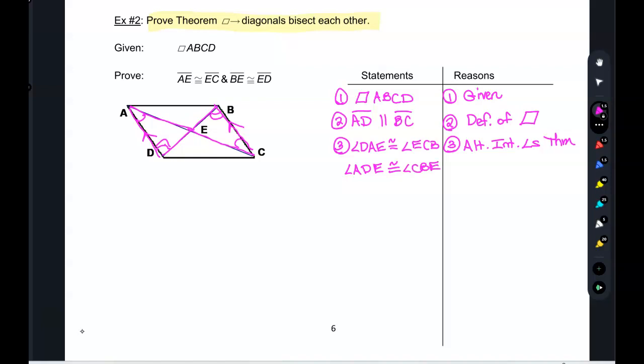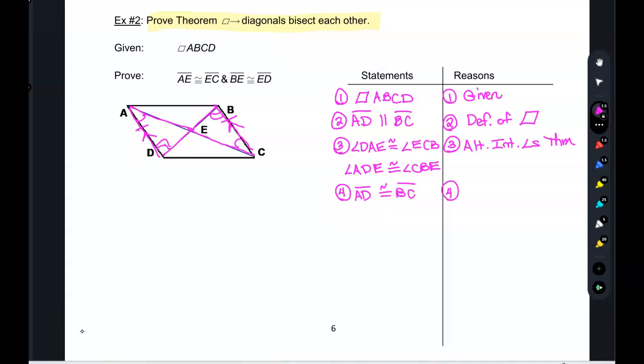Okay, so I have two pairs of angles. Now I need, we could do vertical angles, but we don't really need it. We already have two pairs of angles, but we need to have a pair of congruent sides. What else do we know? What did we just prove in the last one? If you have a parallelogram? Good. So AD, good. You could do vertical. We just don't need to use it because we already have two angles. Bless you.